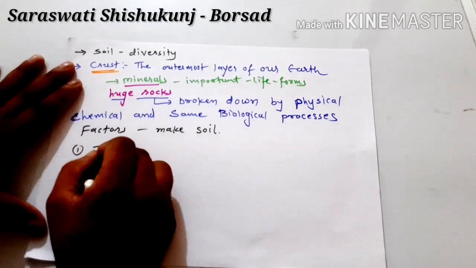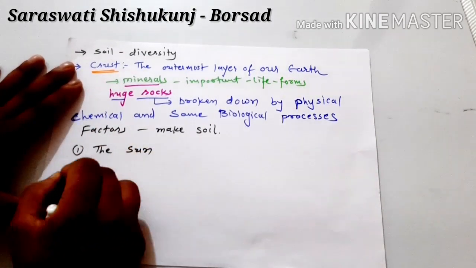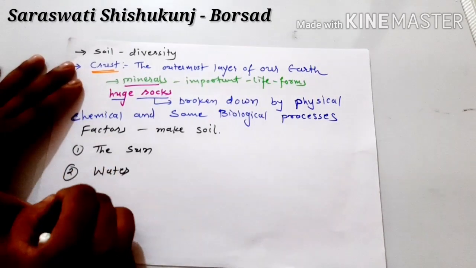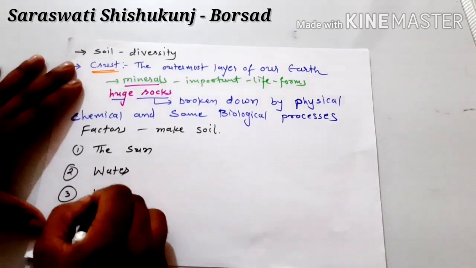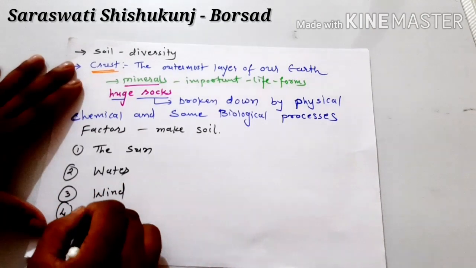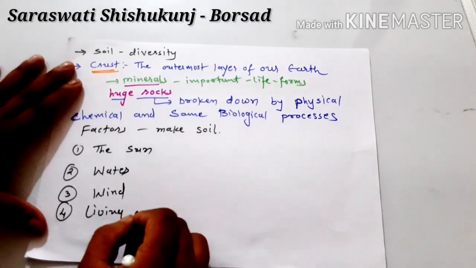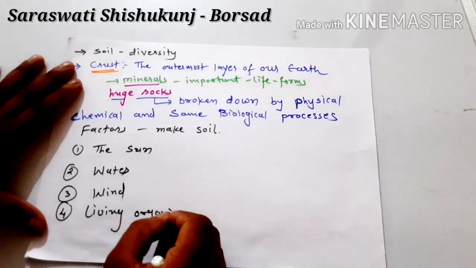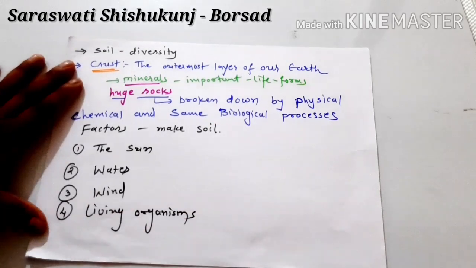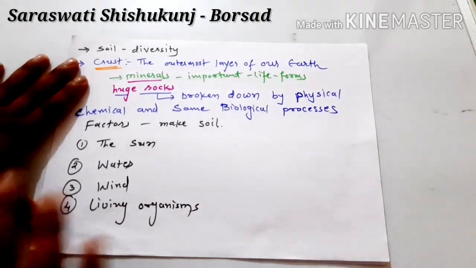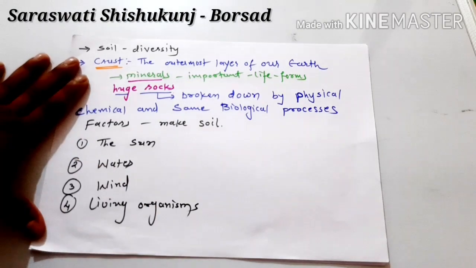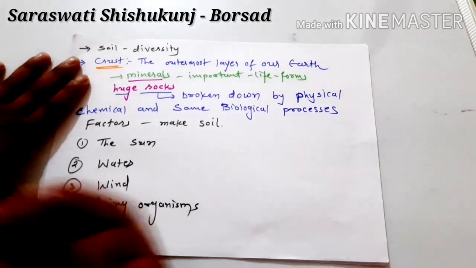Out of that, the first factor is sun, the second factor is water, the third factor is wind, and the fourth factor is living organisms. These four factors are responsible for soil formation. Now let us discuss this in detail.